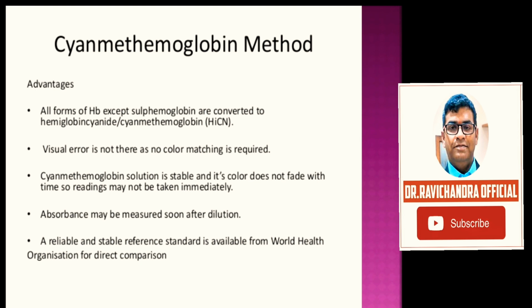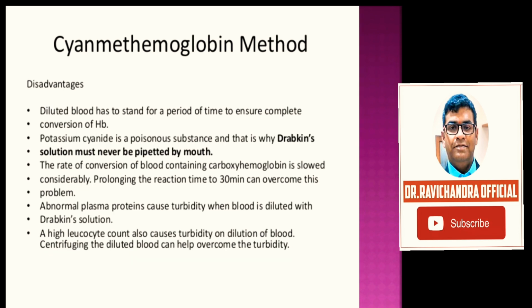It is not urgent and need not be recorded immediately; you can take it leisurely. Absorbance may be measured soon after dilution. A reliable and stable reference standard is available from the World Health Organization for direct comparison.